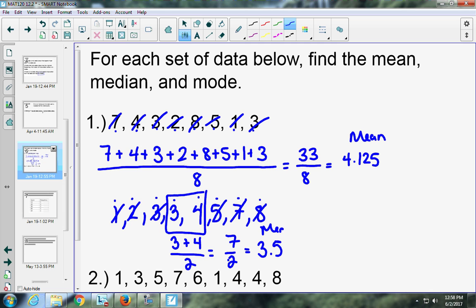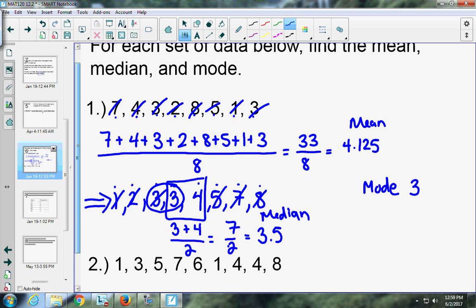The median then is 3.5. The last thing we need to find for number 1 is the mode. So I usually look back here at the list for the numbers in order and look for what happens the most. 3 happens twice, and that is the only number that happens twice. Everything else only happens once. So the mode is 3.